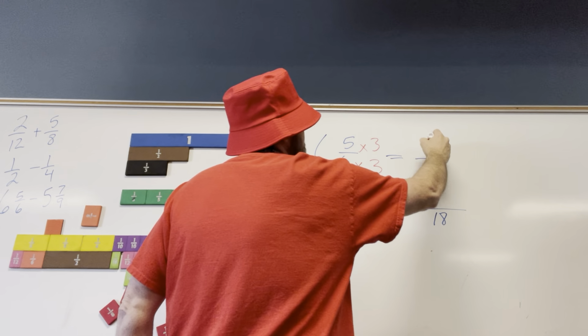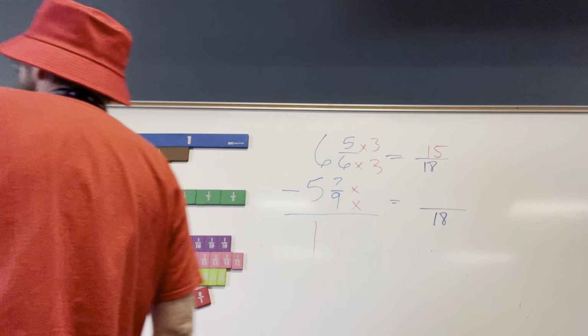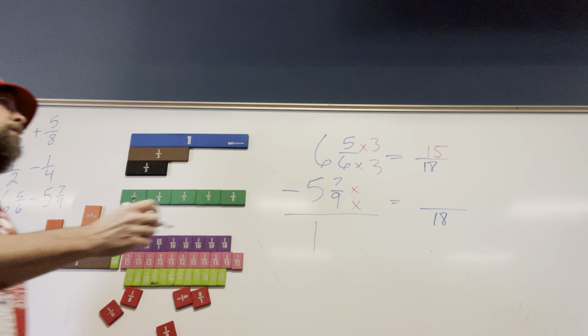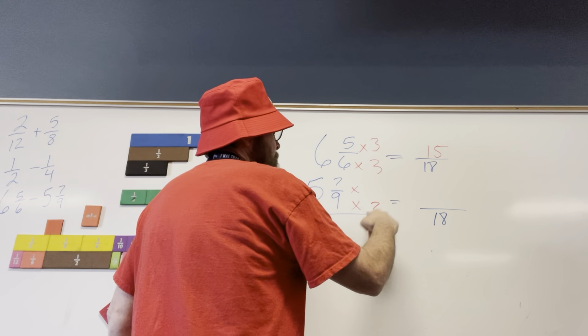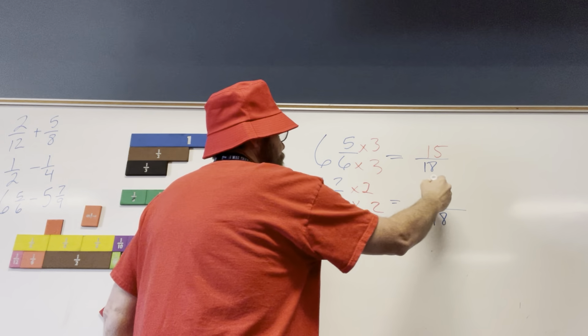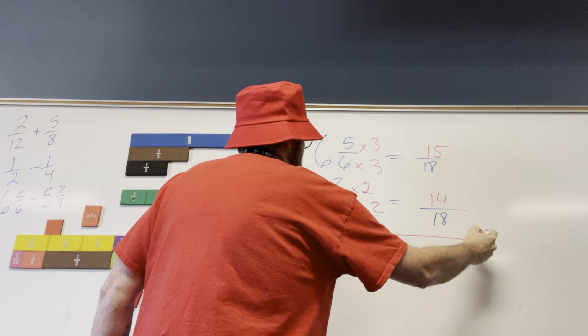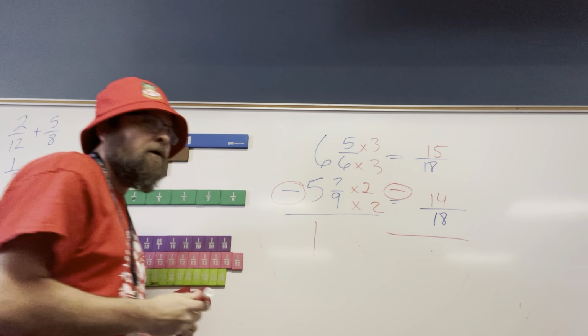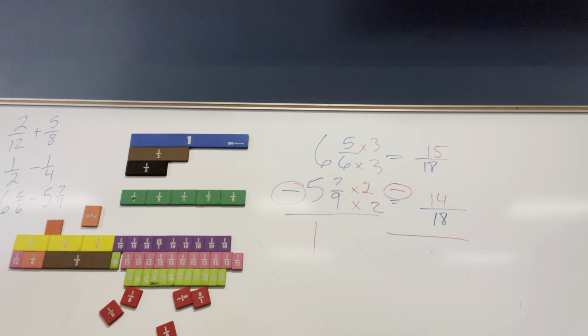I have to multiply my numerator, and 5/6 is the same as 15/18. Emma, what do I multiply on the bottom fraction? 2. To make 9 times 2 equals 18, so 7 times 2 is 14. I go back and check my sign so that I know it's subtraction.